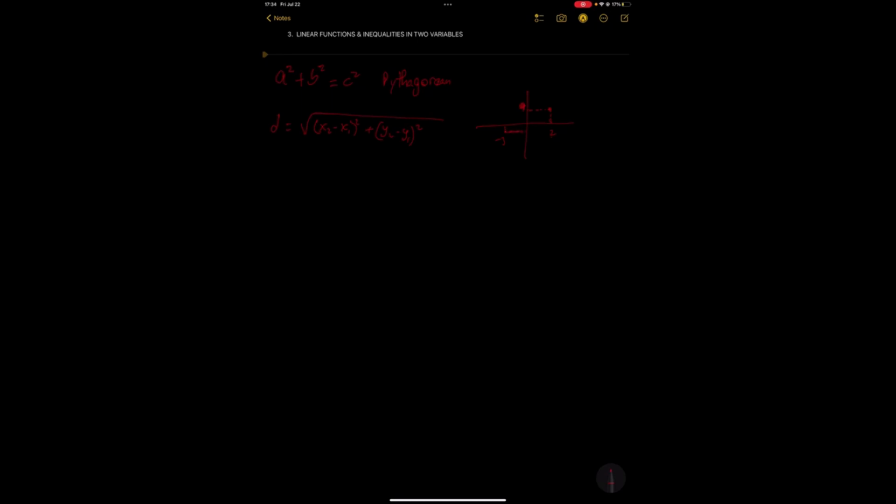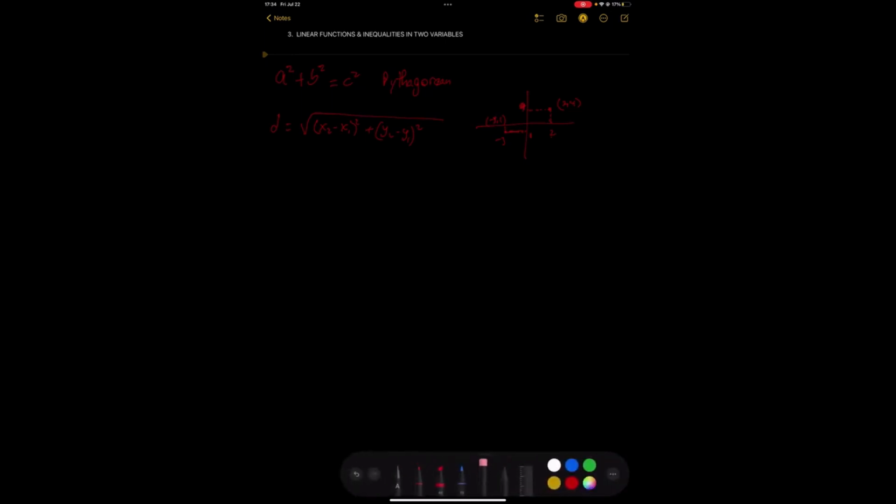Let's say that number right here is negative 3 and 1, and that would be 2, 4, and this one would be negative 3 and 1. So the abscissa for the first point is 2, and the abscissa for the second point is negative 3. The ordinate for the first point is 4, and the ordinate for the second point is 1. Those are the abscissa and ordinate.